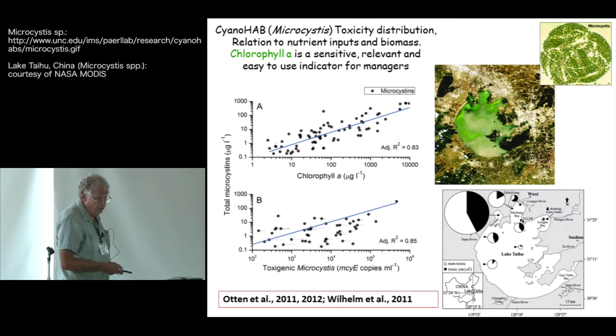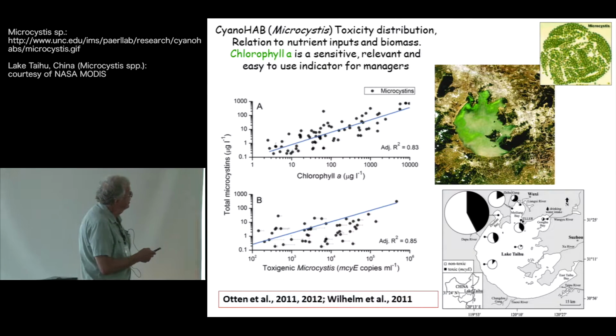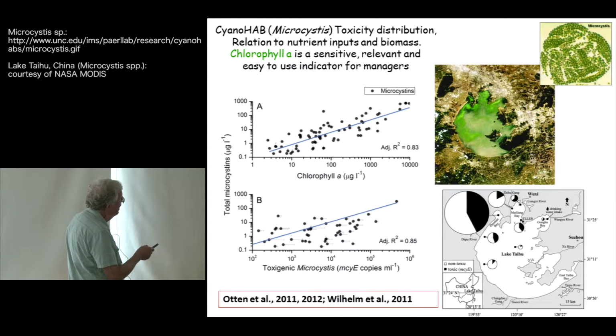And in Lake Taihu in China, where we've been working, we've actually established a very good relationship between chlorophyll A, the simple measurement of the pigments in the algae, and actual microcystin levels in this lake. That's largely because this lake is dominated by a single genus, Microcystis, which is the main toxin producer.